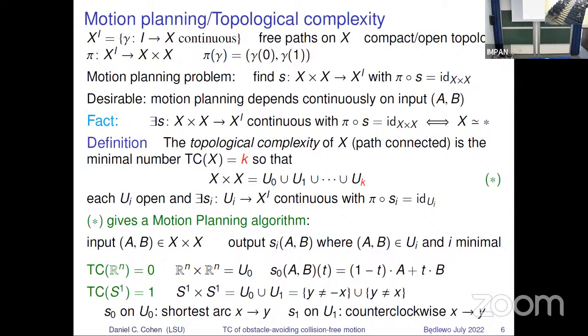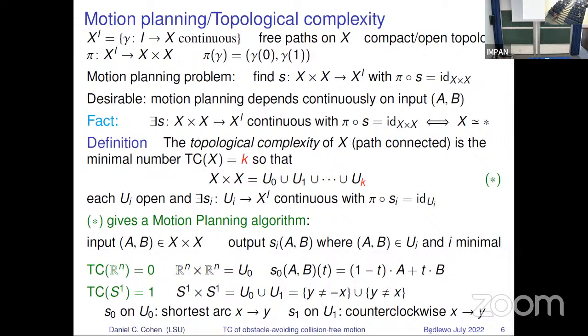The first one is the soccer field example. If your configuration space is a Euclidean space, you can motion plan using line segments globally. So it takes one open set to cover R^n × R^n, so the topological complexity is 0. For the circle, things are slightly more interesting.